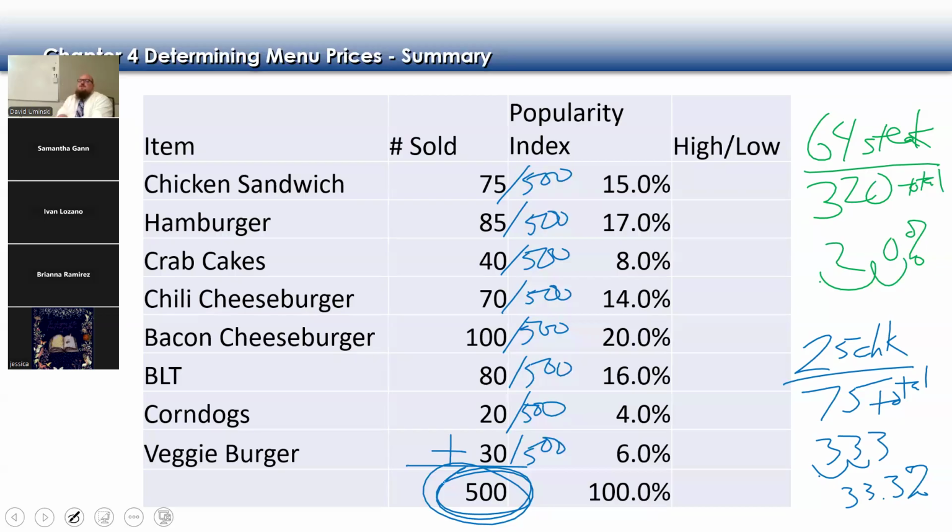So our bacon cheeseburgers are 20% popular. Our BLTs are 16% popular. Corn dogs, 4%. And veggie burgers are 6%.